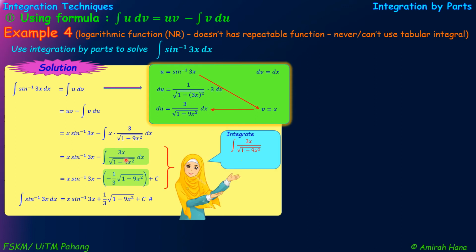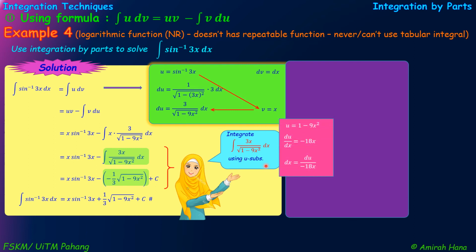We can integrate 3x over square root of 1 minus 9x squared dx using integration by u substitution, right? And every time we use integration by u substitution, we need to identify u. So from here, our u equals 1 minus 9x squared.